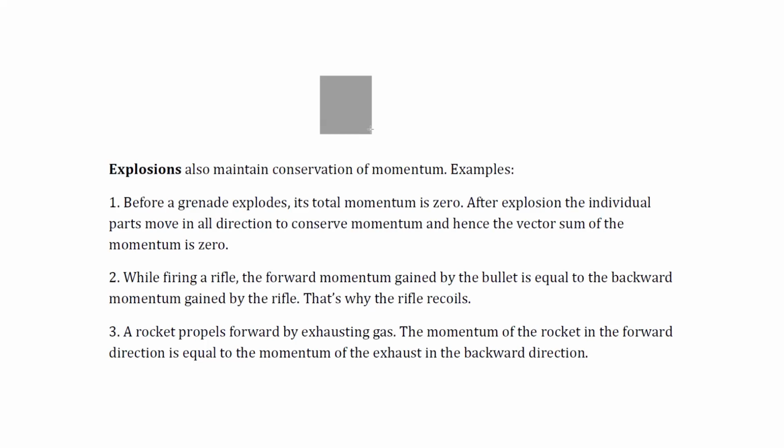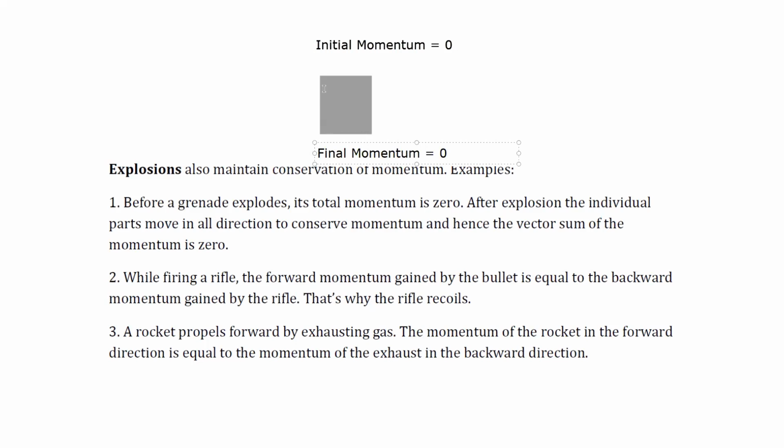Because it is at rest, the initial momentum is 0. So if the initial momentum of a grenade is 0, what should be the final momentum? The final momentum should also be 0.